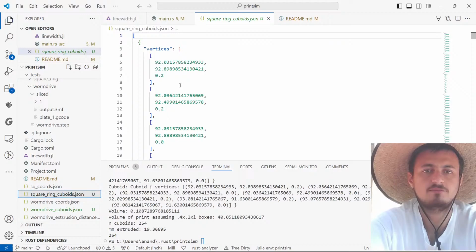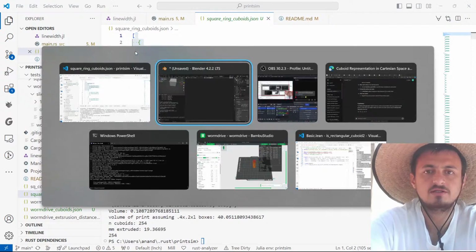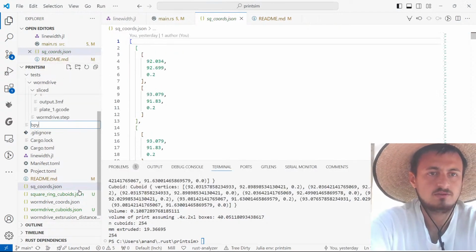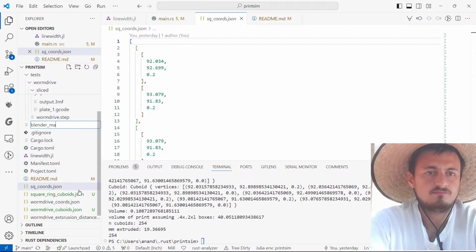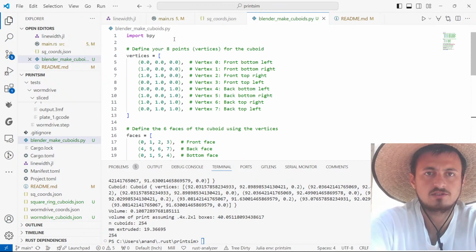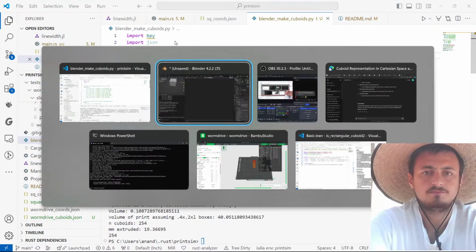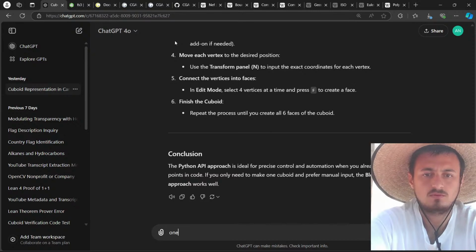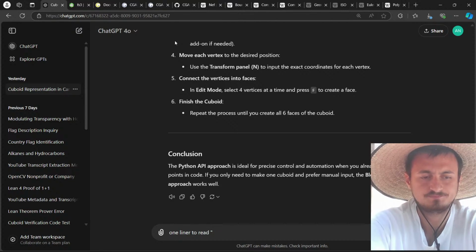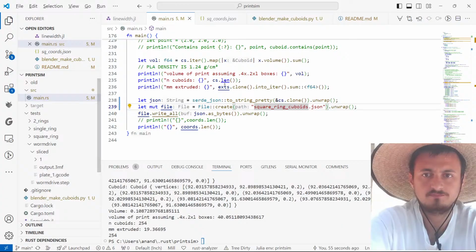So now we just need to write a Python program that takes this and does this. Okay, so wait, do we have that code still? Blender make cuboids. Okay, so is that what we want to do? What is it called? I think it's called cuboids, right?